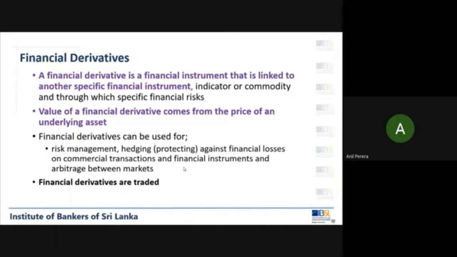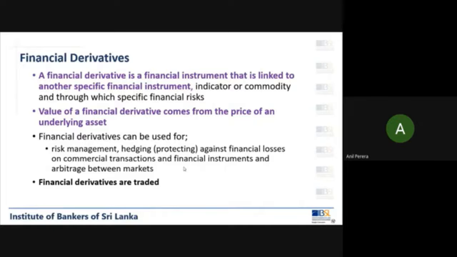There are various types of derivatives, namely forward contracts, futures, swaps, options. These are the broad categories of derivatives. Those are the four key categories: futures, forwards, options, and swaps. There are some other derivatives as well, but these are the main types.